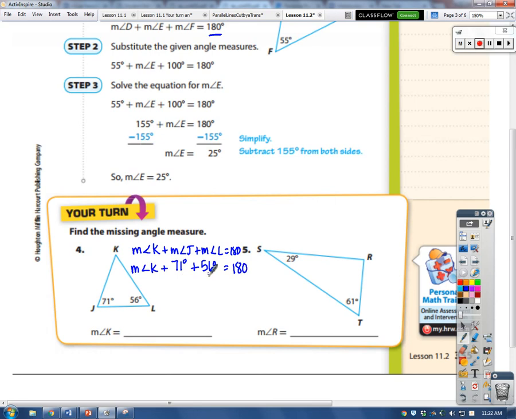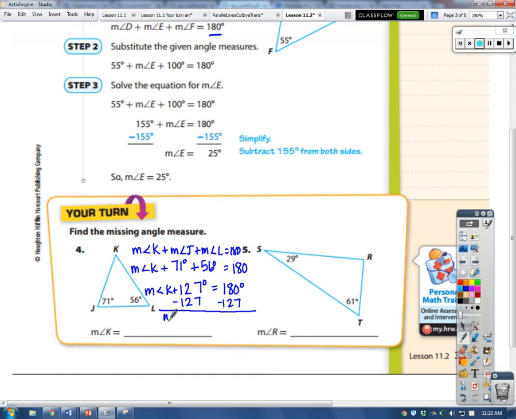So I'm just going to combine what I know now, right? And so 71 plus 56, 6 plus 1 is 7, 5 plus 7 is 12, so 127, right? So I've got the measure of angle K plus 127 equals 180 degrees. I'm going to subtract 127 from 180 to find my missing angle measure.